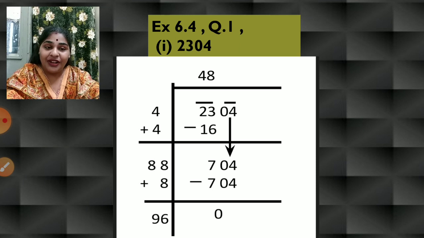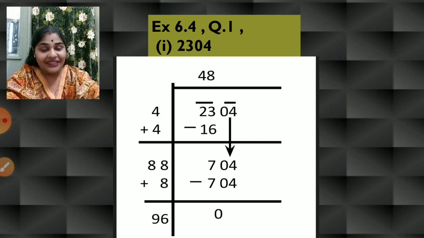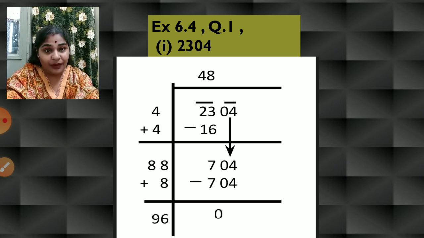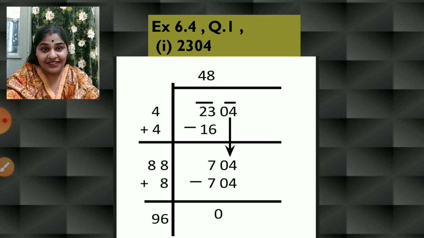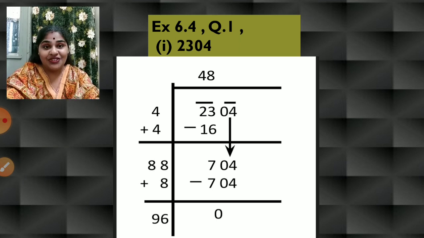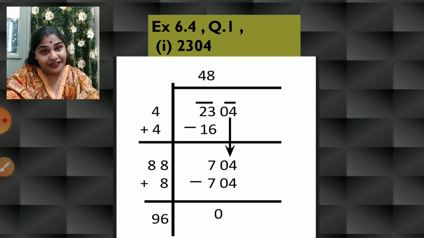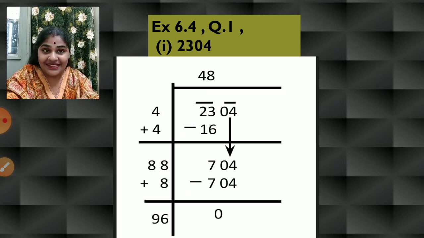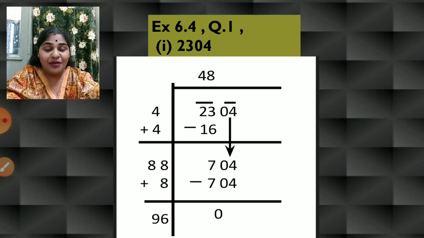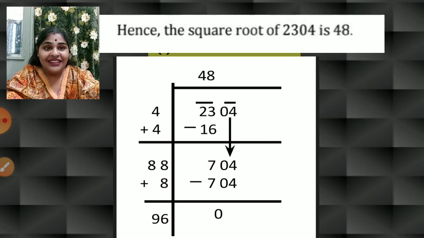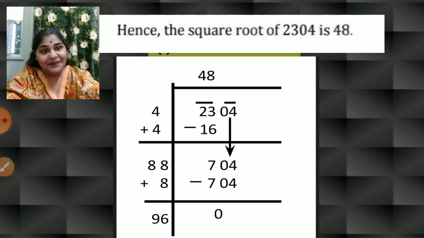If you got the square root, that is the final answer, then twice of that answer will be the last number on the left hand side, that is 96 in this sum. Hence you can write at the end, the square root of 2304 is 48.